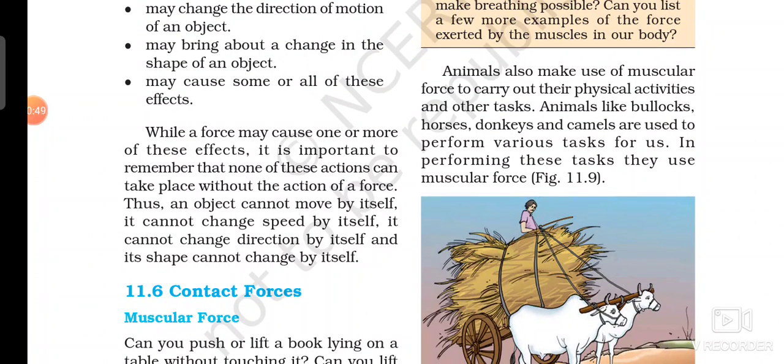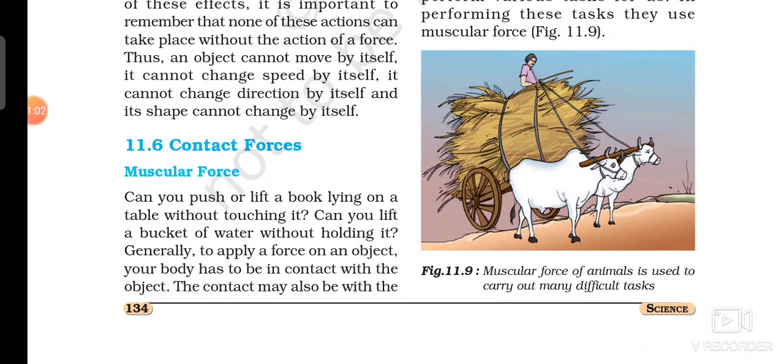Now let us see different types of force. So the main two categories in which we can divide the types of force is contact forces and non-contact forces. Now what do you mean by contact forces?